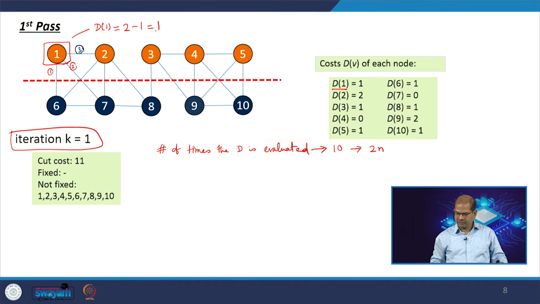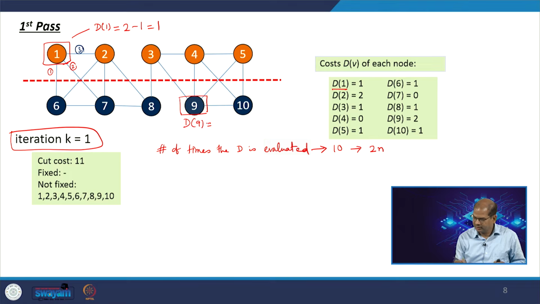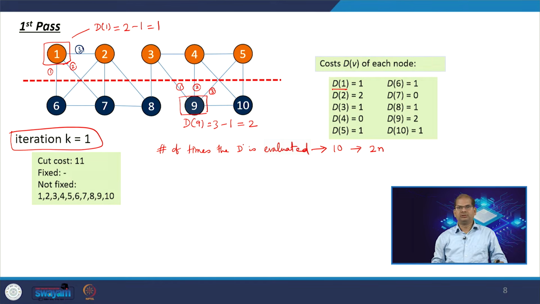Similarly, I can calculate for any other node, let us say node 9. Here edges 1, 2, 3 are cut by the cut line, which is 3, and this other edge is not cut, so D of 9 is 3 minus 1, which is 2. So we have to calculate this for all the D's.